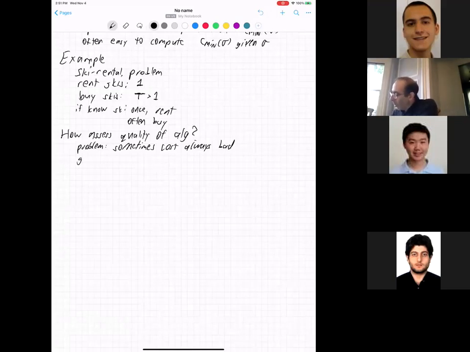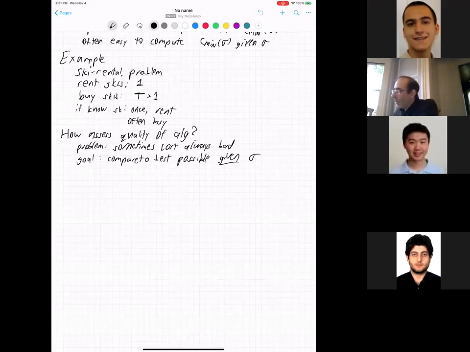So our goal is going to be to compare to the best possible outcome given the particular sequence sigma.